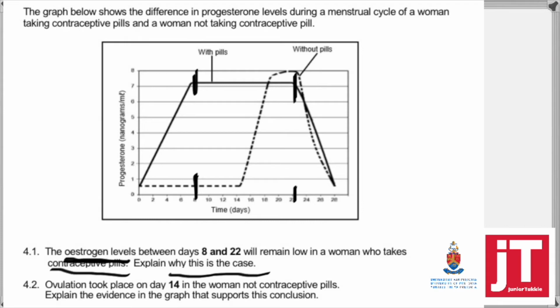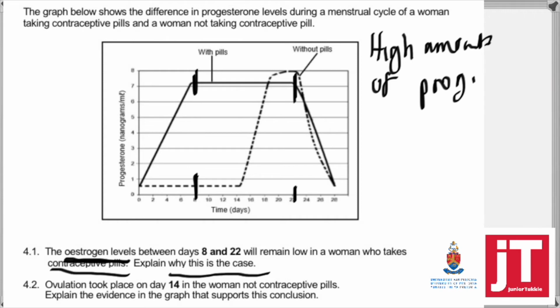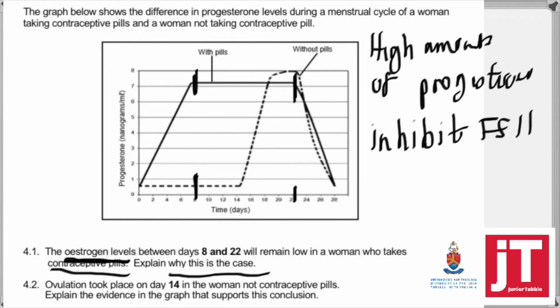You should have learned this, that high amounts of progesterone will inhibit FSH. And if it inhibits FSH, there'll be no follicle.